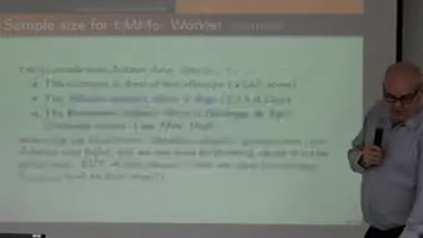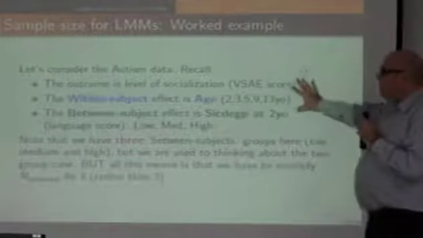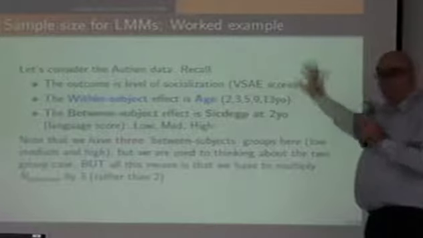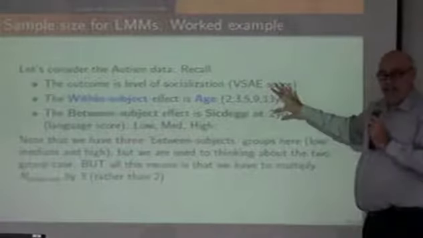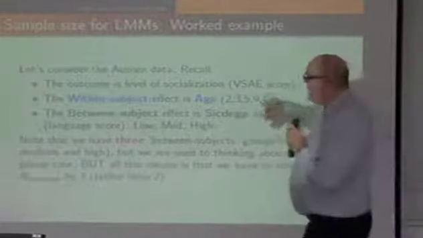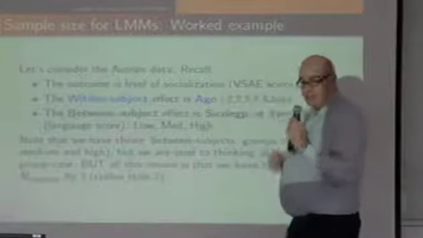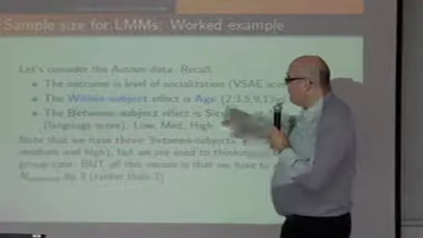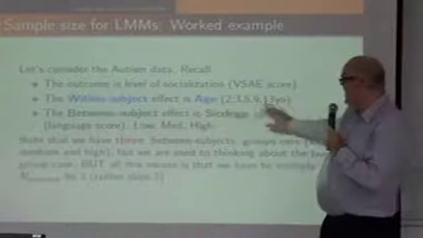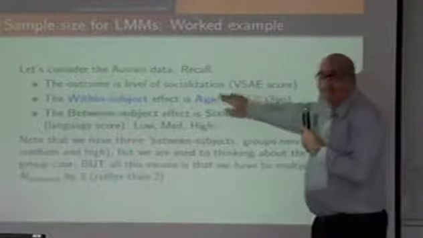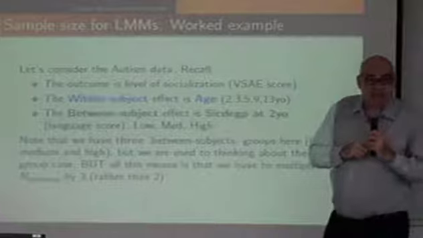Okay, so what I'm going to do is I'm just going to use the autism data as a very quick example here. So remember the outcome was level of socialization. We had a within subject effect, which was age, and we had 5 time points. So capital T is going to be 5.